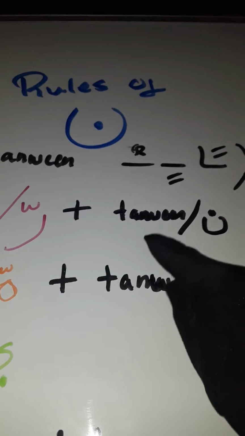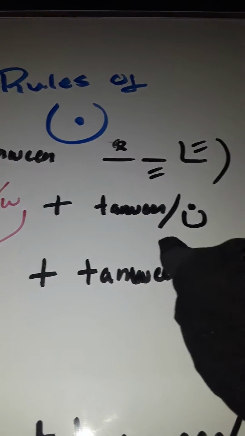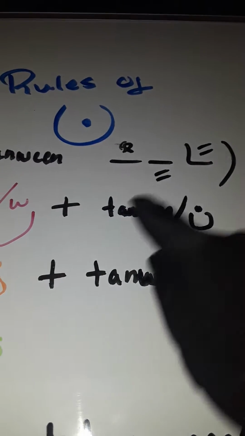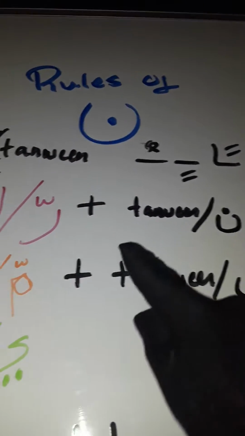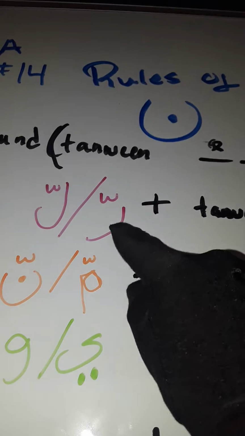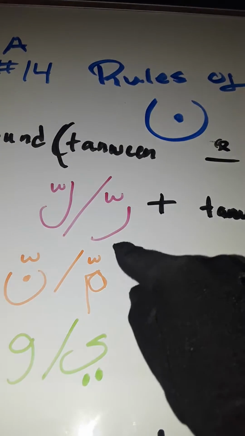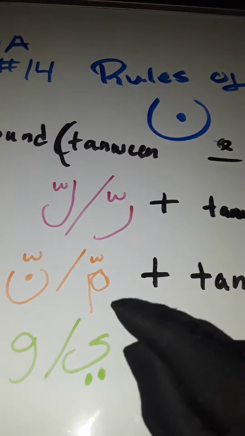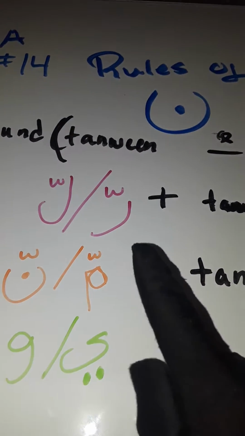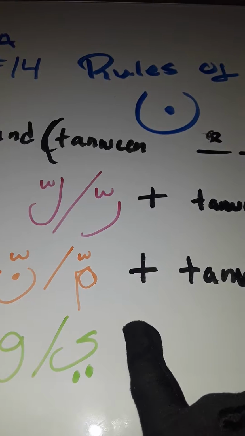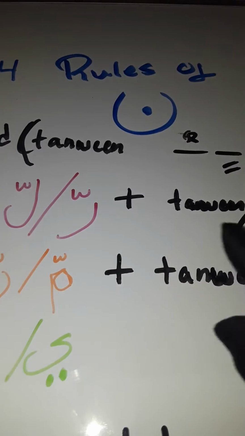If you have a word that ends with a noon or tanween at the end, remember tanween is the noon sound, and the next word begins with either ra or lam, it will always have a shadda, and that is your hint something is up.